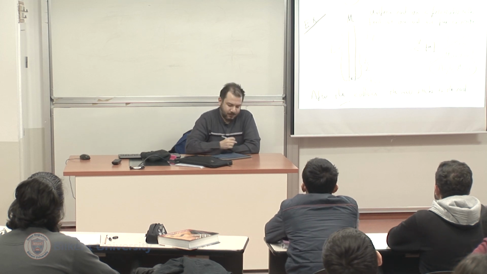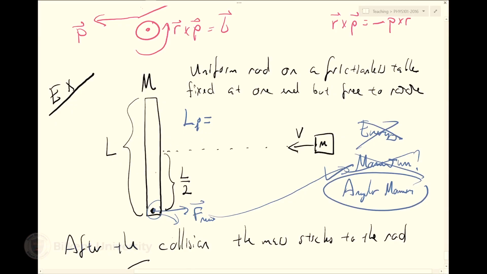Okay? Good. So what's my initial angular momentum? Initially, is any angular momentum coming from my rod? No, it's not moving, so there is no angular momentum coming from there. How about angular momentum coming from this small mass?